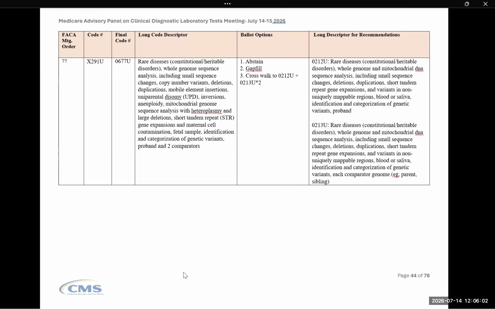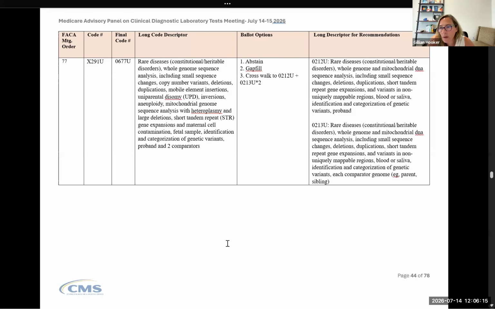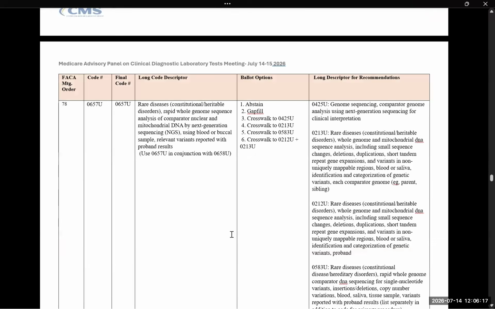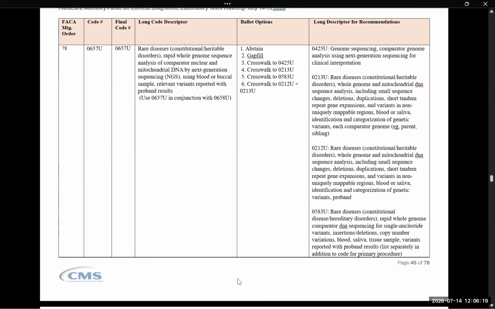Jillian, I would like to suggest that we skip this one for now and come back to it and double check the other one as well to make sure that we've got the ballot options and the descriptors accurate. Yep, agree. All right. Well, that wraps up that one. We'll come back to those after the break at the end.